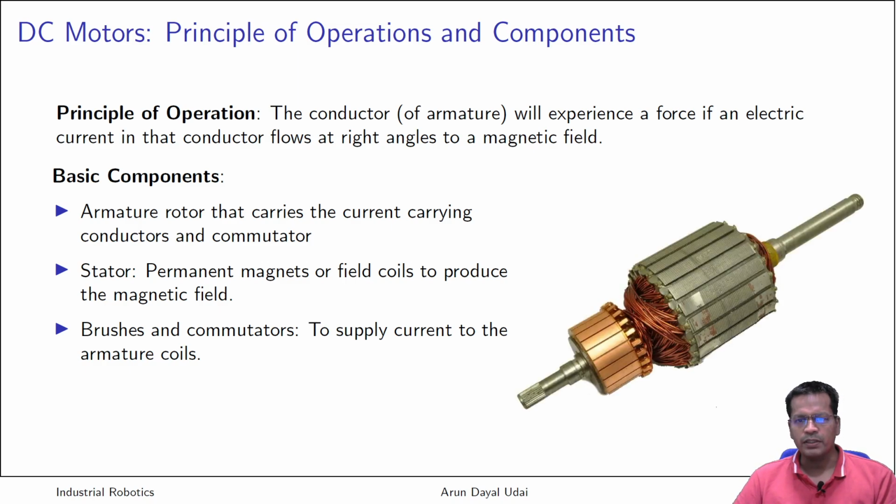So this particular commutator is here. You see strips of copper, that is the commutator. So carbon brushes attach to this, they slip on this, and they can change conductor-wise. One by one they can supply current to different conductors.